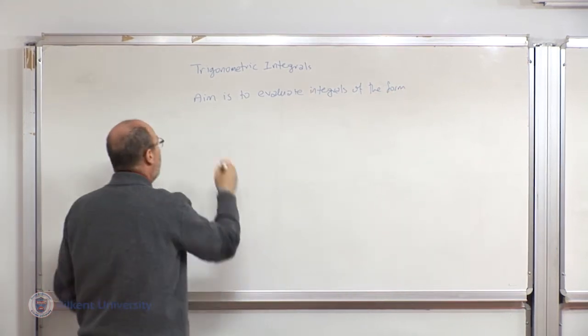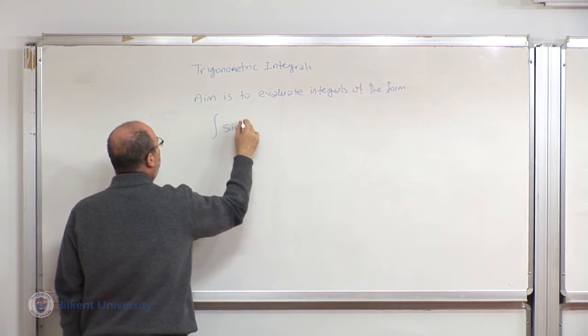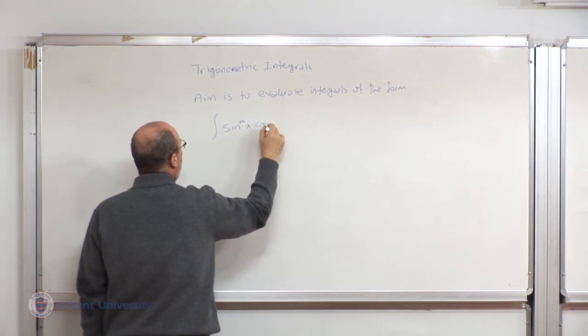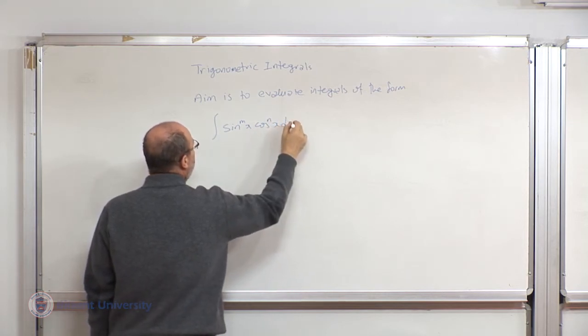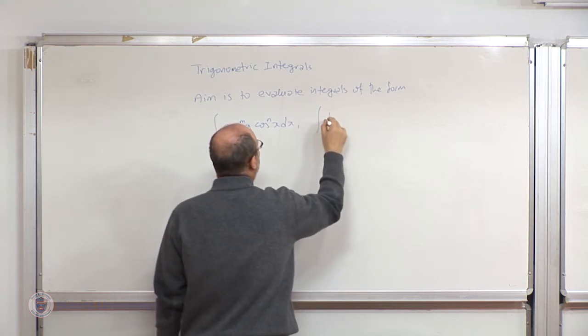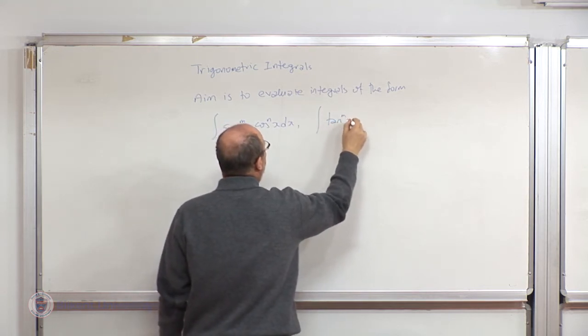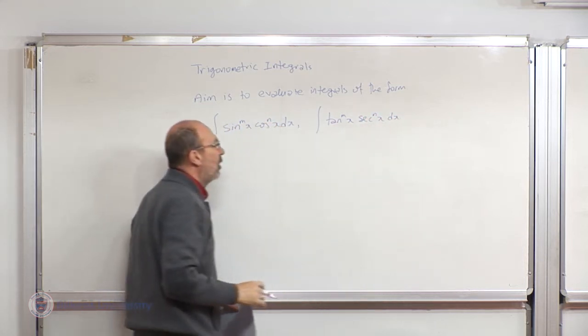Okay, so there are some interesting cases that we can look at. Sine to the power m of x multiplied with cosine to the n of x dx. And similarly, tangent m x secant n x dx.